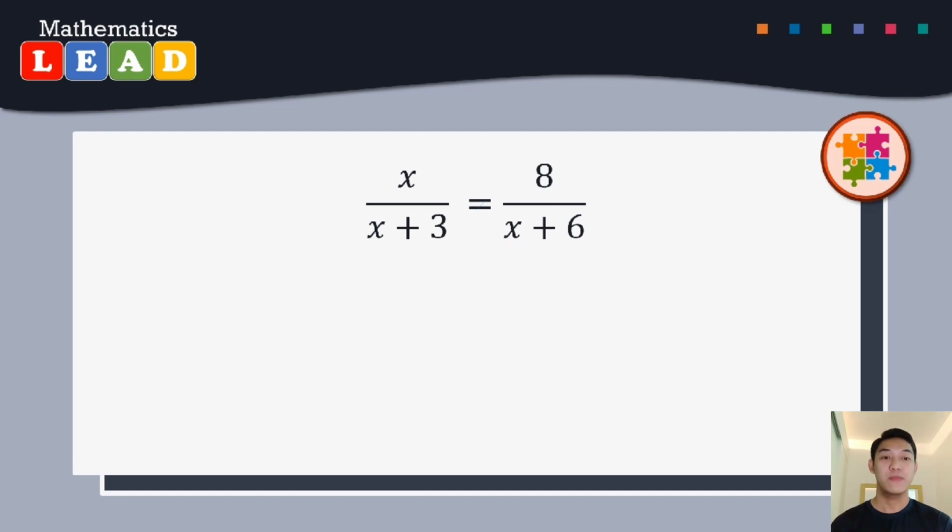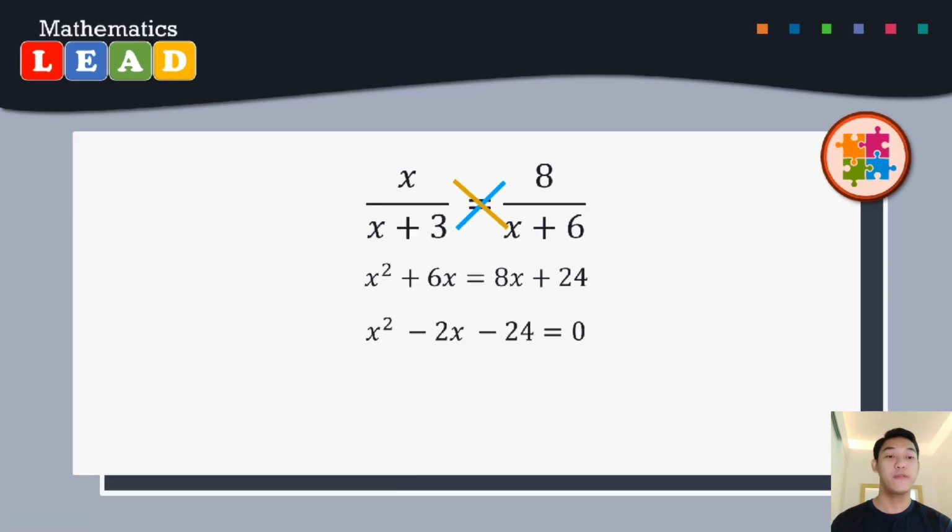Let's find the answer. We have to cross multiply it. So we will have x squared plus 6x is equal to 8x plus 24. We have to move 8x plus 24 to the left side. So we will have x squared minus 2x minus 24 equal to 0.